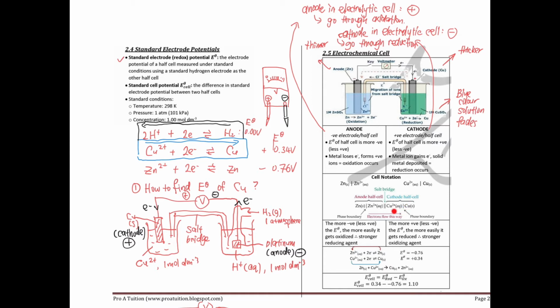After the electrode, we put the ions, and it is Cu2 plus, aqueous. In between the anode and cathode, we put two vertical lines to show the salt bridge. So you can see the salt bridge here.